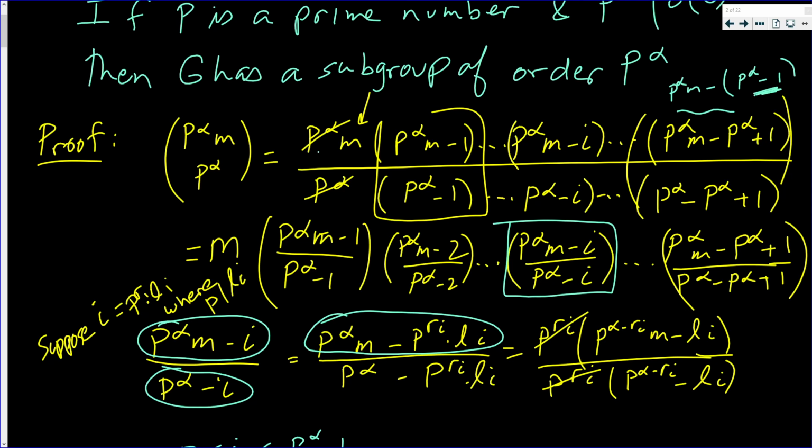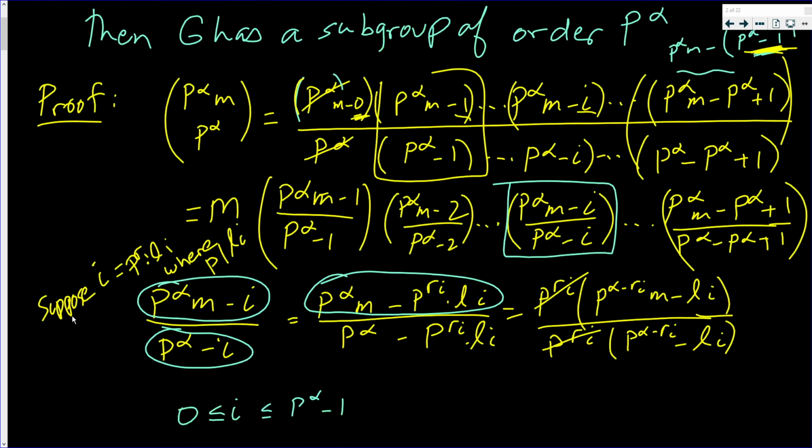It's 0 right here. p to the alpha times m minus 0, minus 1, minus i, minus p to the i minus 1. So the least i can be is 0, and the most it can be is p to the alpha minus 1.